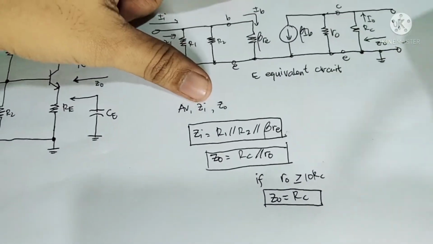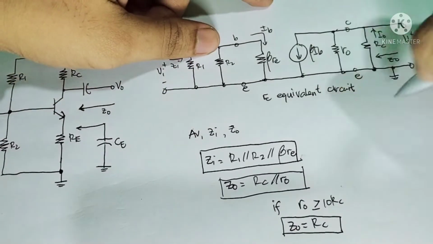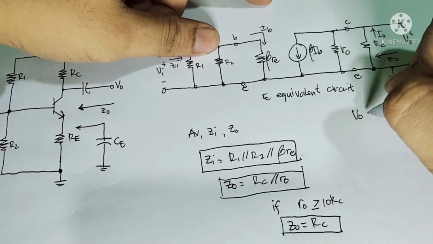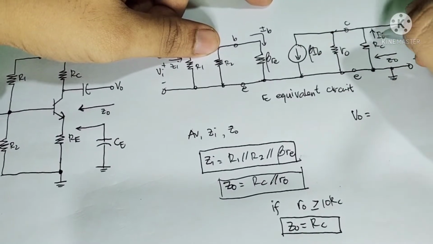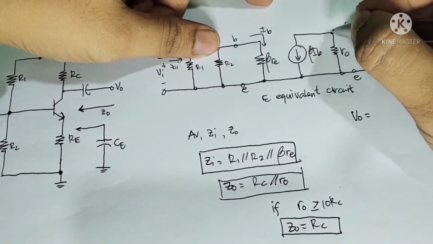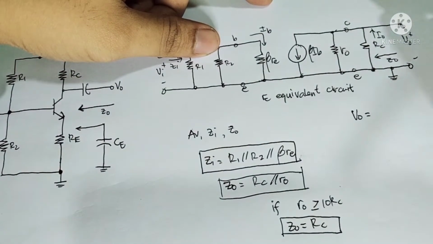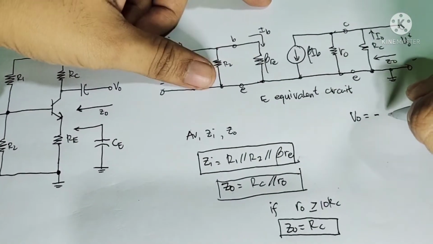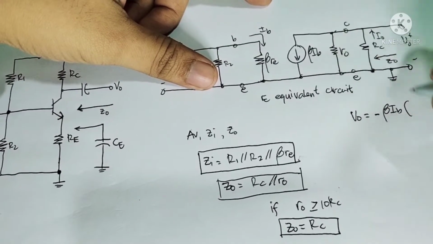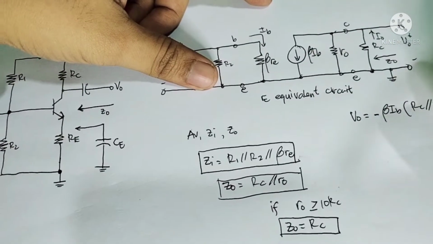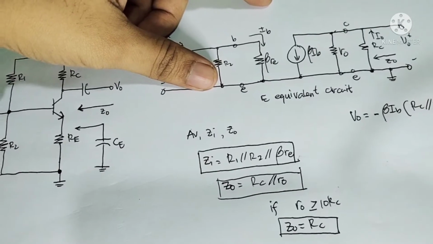To calculate the voltage gain, as you can see on the output side, the output voltage is just equal to this. This is the total current. Since the current is in the counterclockwise direction, this is negative IB times the total resistance, which is RC parallel with RO.